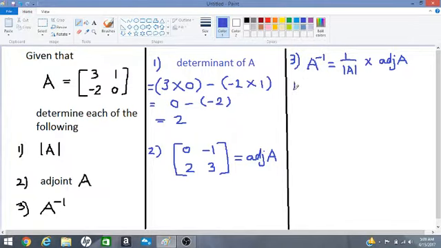We have the determinant of A, we worked it out in part 1. This is it over here. Determinant of A is 2.